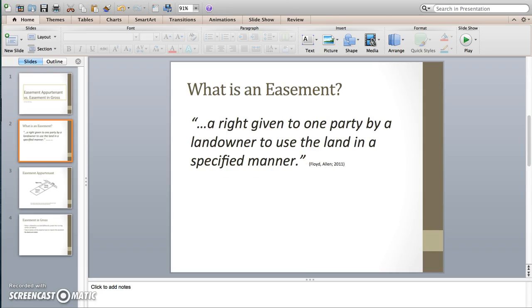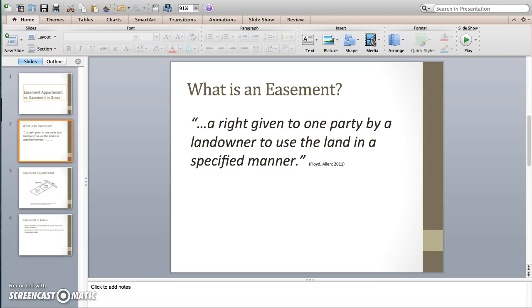To start off, one has to ask the question, what is an easement? Our textbook describes an easement as a right given to one party by a landowner to use a land in a specified manner. Here I have to point out that an easement can also be a negative easement, and an example for a negative easement could be that one landowner is restricted from building something that would block the view of his or her neighbor.